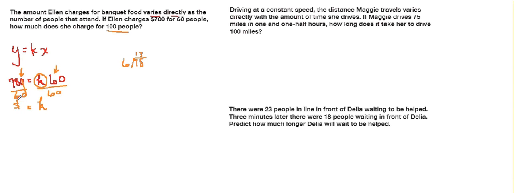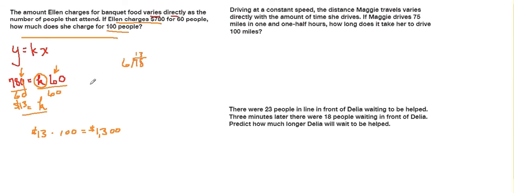So she's charging $13 a person for k. Now we're not done. It asks, if that's the case, how much does she charge for 100 people? $13 per person at 100 people. That'll end up being $1,300.